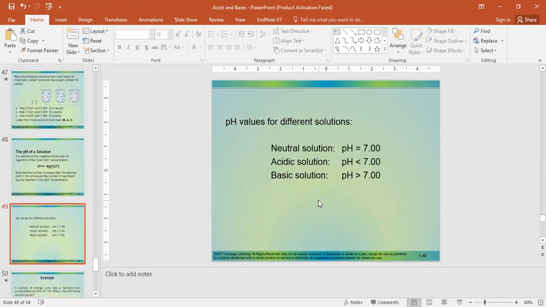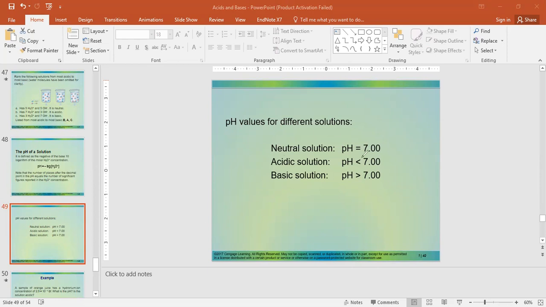And let us see here the pH values for different solutions. In a neutral solution, you remember we said that the concentration of the hydronium ion is equal to the concentration of the hydroxide ion, equal to 10 to the power minus 7.